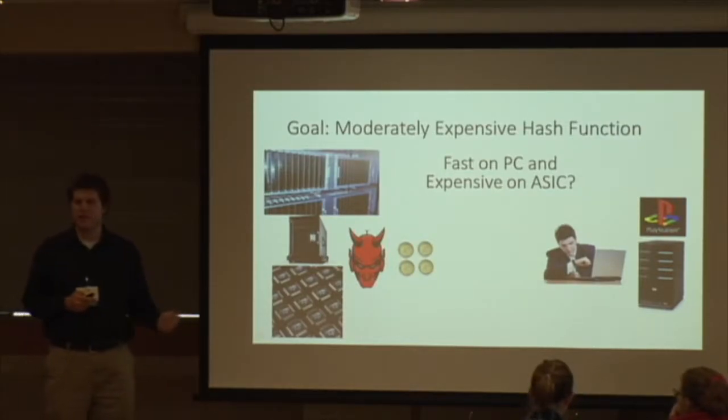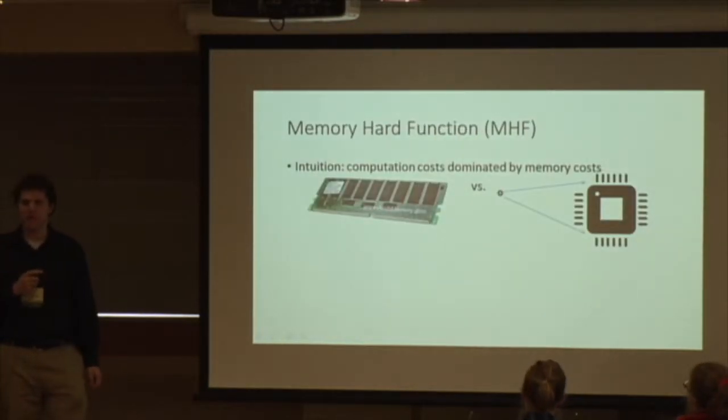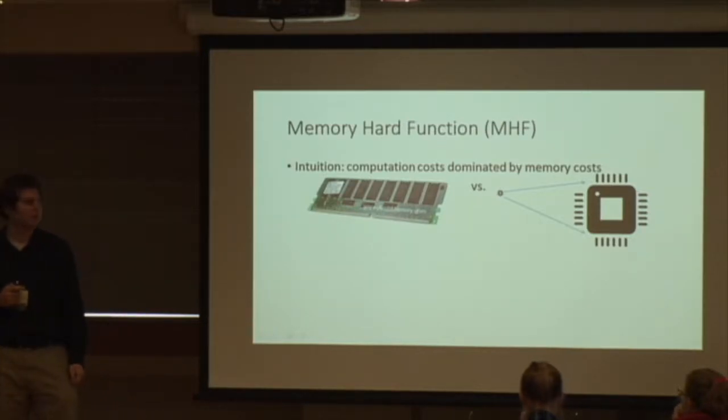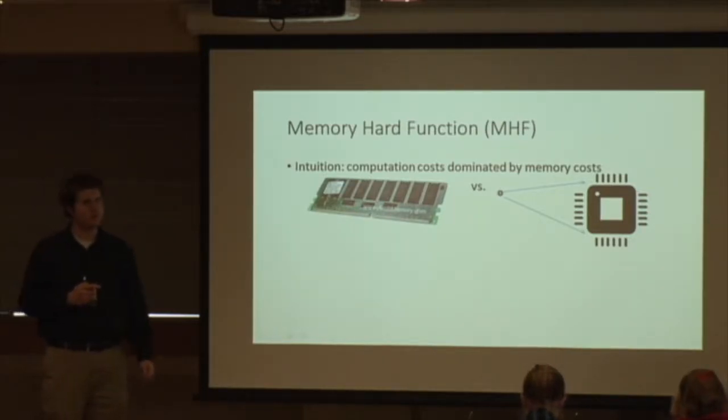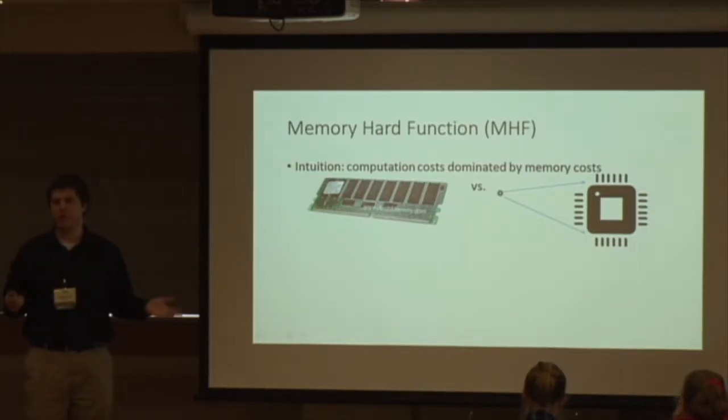All right, that might seem like an impossible goal. But fortunately, there's one trick that we can use to address this problem, and that's memory hard functions. So intuitively, a memory hard function is a function whose computation costs are dominated by memory cost.